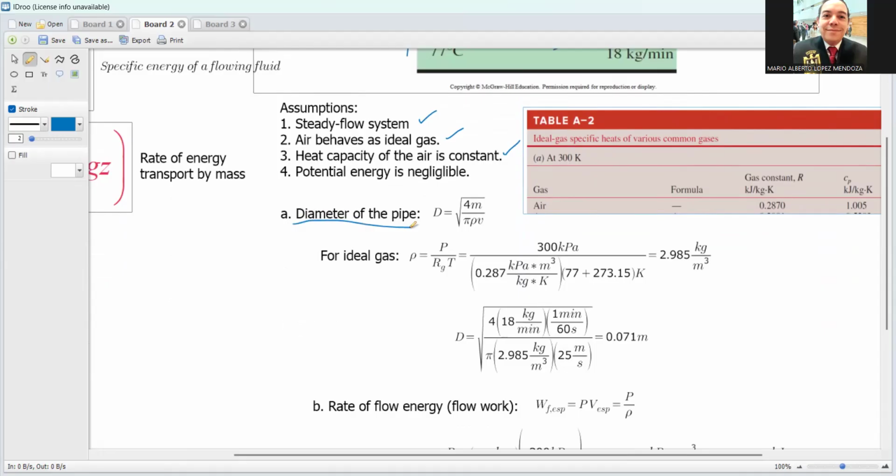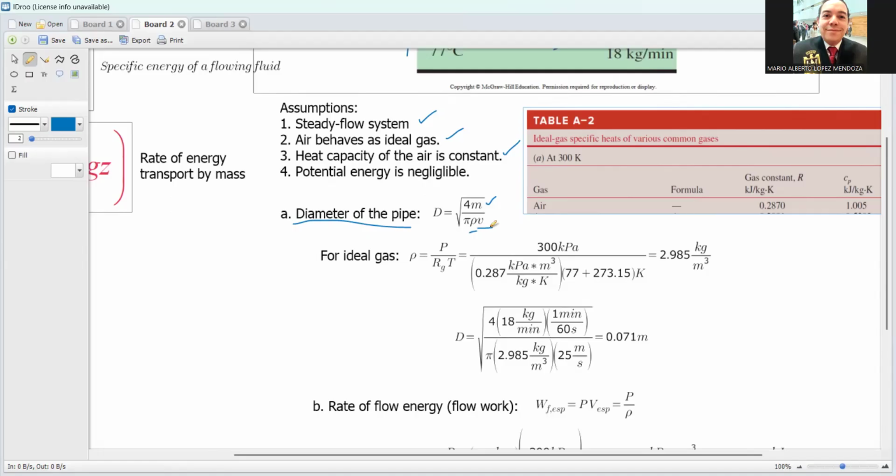In the second example of the previous topic, we deduced a formula which allows us to estimate the diameter of a pipe when we have a fluid flowing through it. Remember, this diameter depends on the mass flow rate, the density, and the velocity.